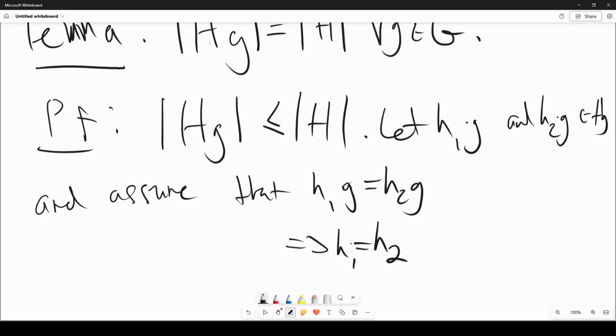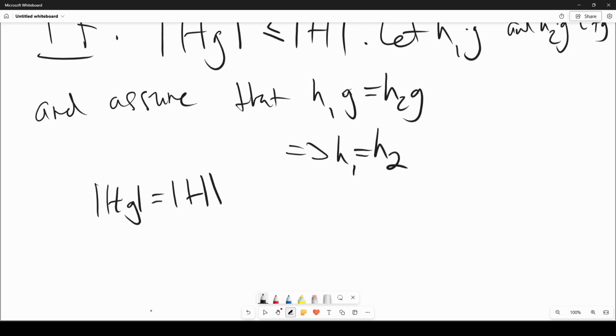Which means if any of the elements in the set are equal, I was just multiplying the same element of H. So there are |H| distinct elements, and the size of Hg has to be equal to the size of H. Doesn't matter that I'm multiplying by g, there are still |H| different elements in there.